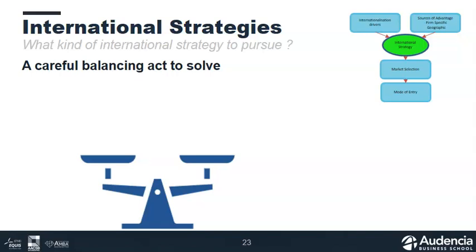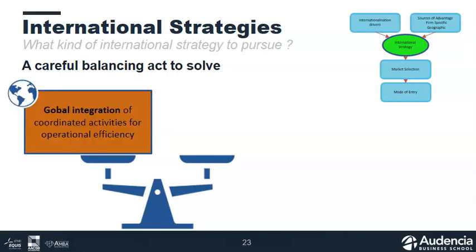So the first thing we need to know is that this is a careful balancing act we have to solve. When we go international, we have to keep an eye on global integration. We're trying to become global to get some benefit from it. We're trying to integrate all of our activities and coordinate them for some sort of operational efficiency.